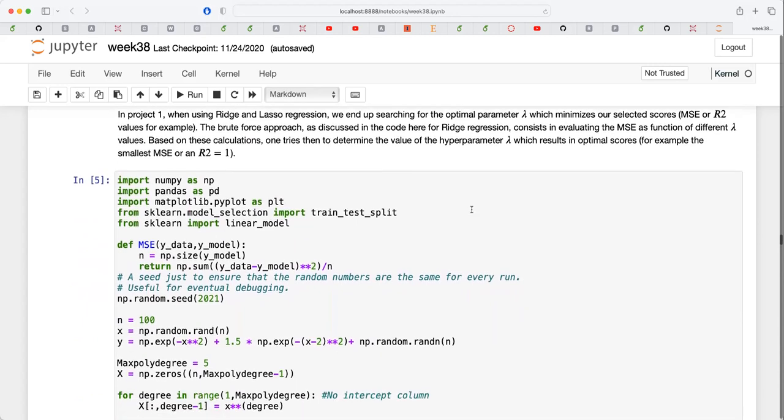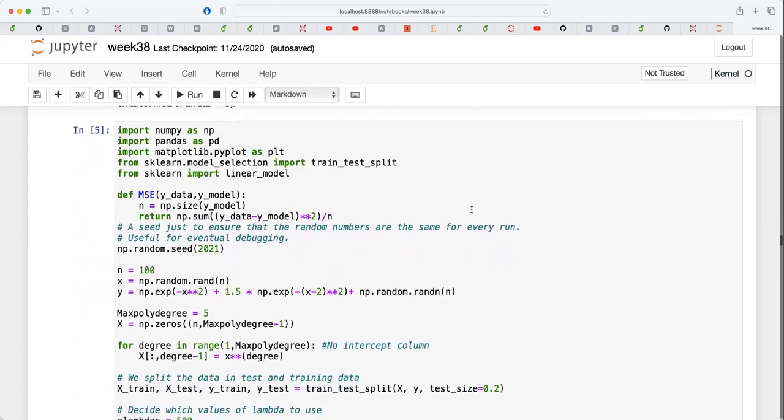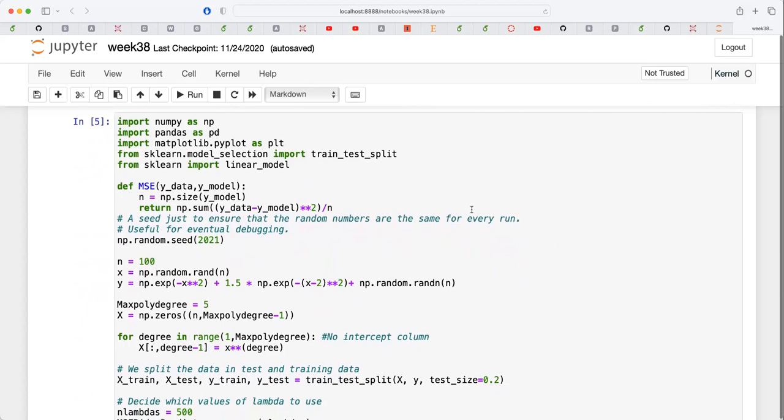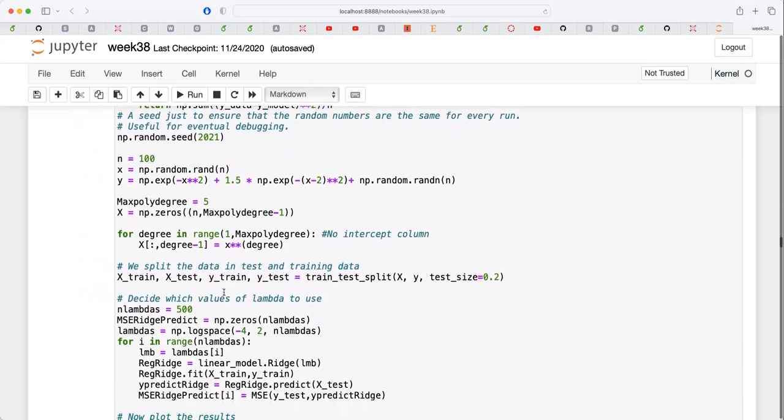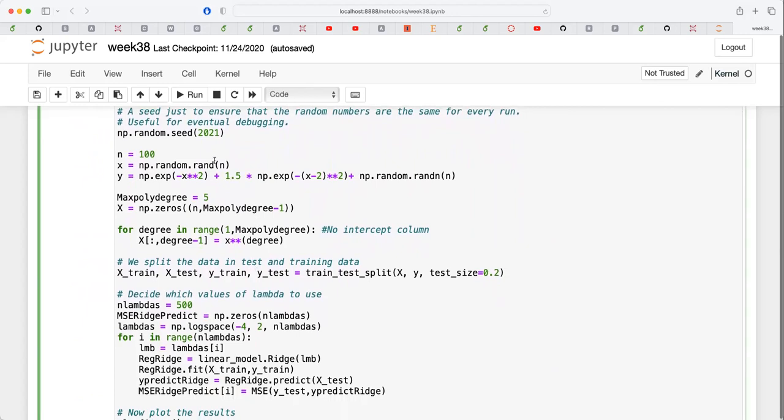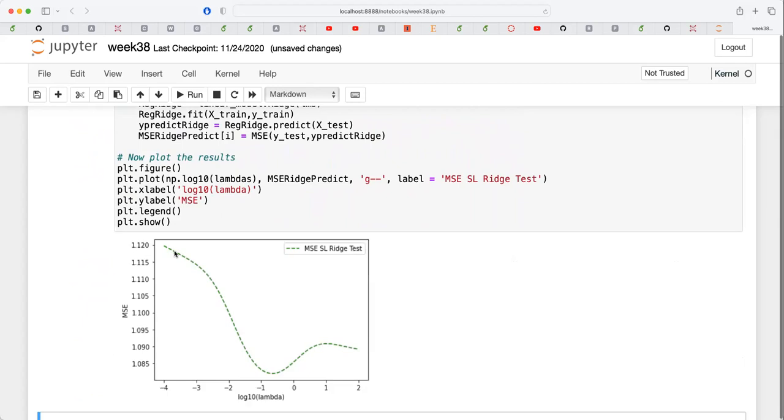In the first code here, you probably recognize this function, which I use again and again. In this specific case, I'm not using an intercept, and I'm performing just a plain, straightforward implementation of ridge regression. When I have a lot of noise, it looks like this.